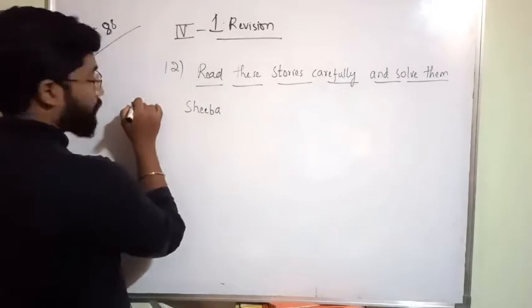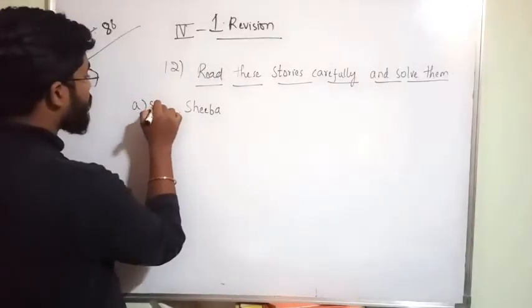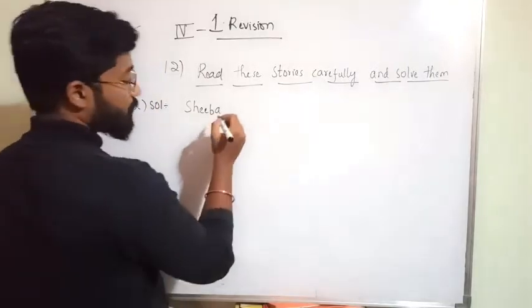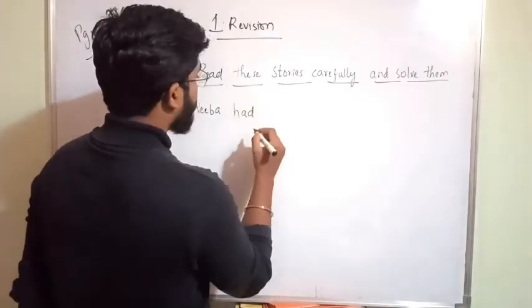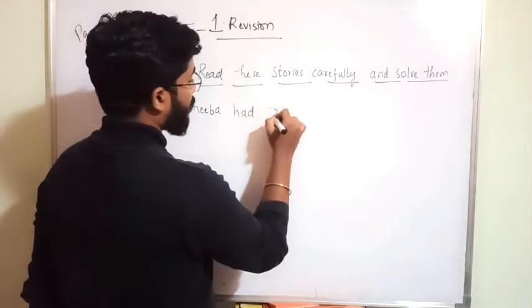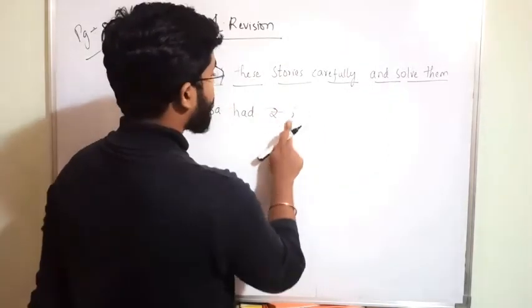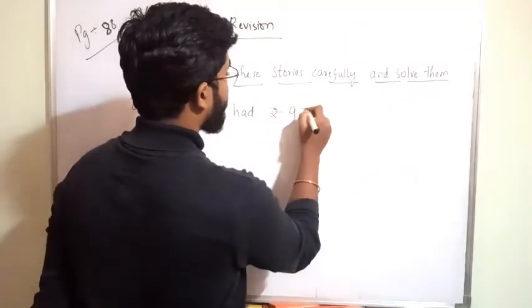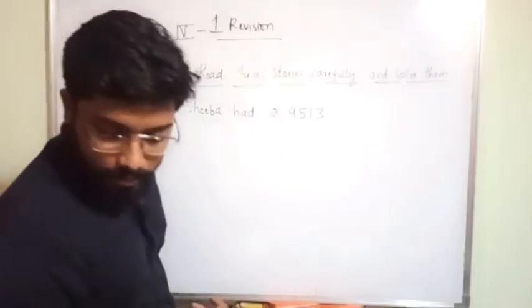So I am writing the solution. Sheba had how many rupees? 9513. Sheba had this much amount.